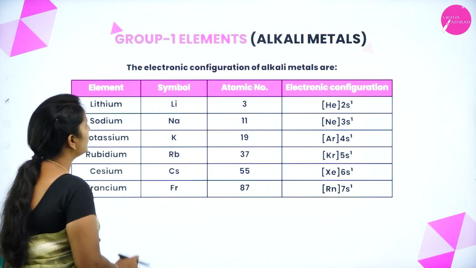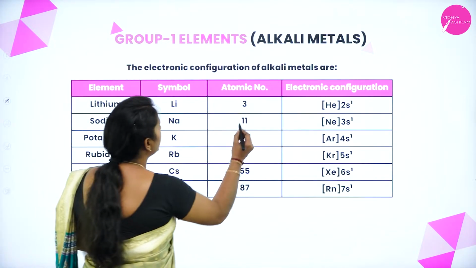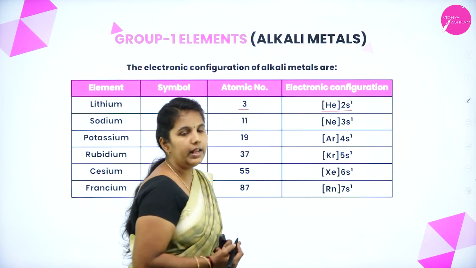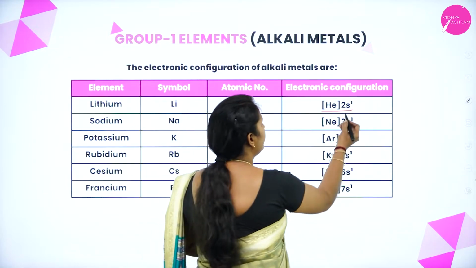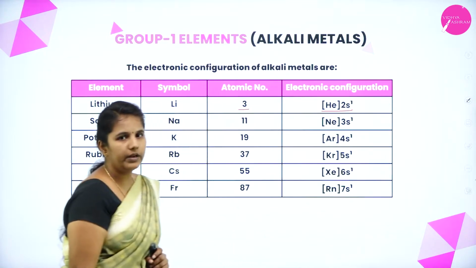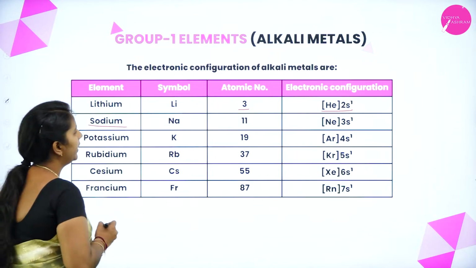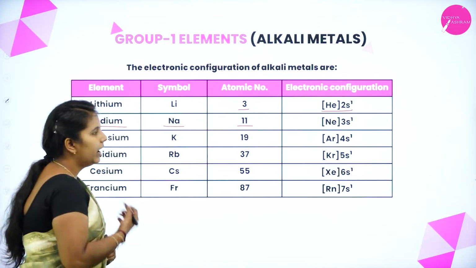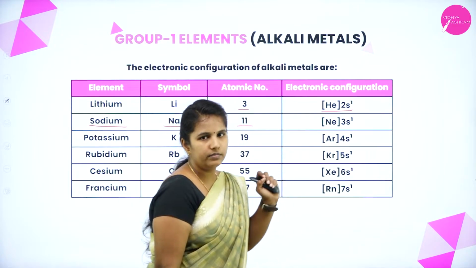The first member is lithium, which has atomic number 3, and its electronic configuration is written as [He] 2s1, because the last electron enters the s orbital. Similarly, sodium has symbol Na, atomic number 11, and is written as [Ne] 3s1.